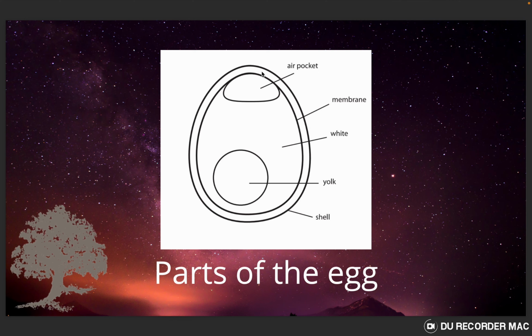Oh, really? How was it able to go inside the egg when there was an eggshell protecting the egg? Past the shell and past the membrane? It went past the shell and the membrane to go inside the egg white and the egg yolk. So how do you think that happened?